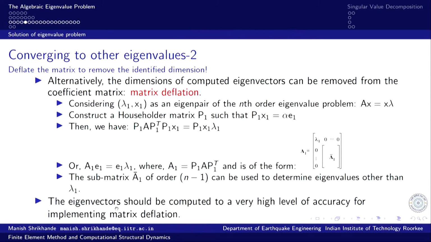So, eigenvectors should be computed to a very high level of accuracy for implementing matrix deflation, because this reflection matrix P, the Householder transformation matrix, depends on the eigenvector that has been computed earlier. Now, if this eigenvector is in error, then this entire process leads to very poor results.